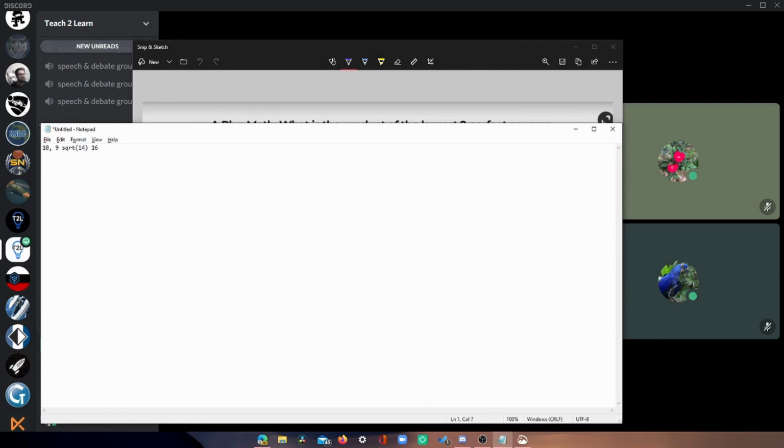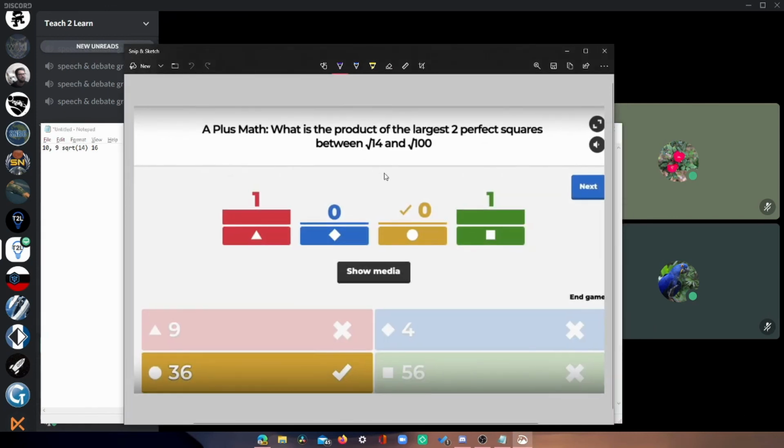Now you know that the square root of 14 is greater than 9, but it's also less than 16. Okay, then it has to be in between.